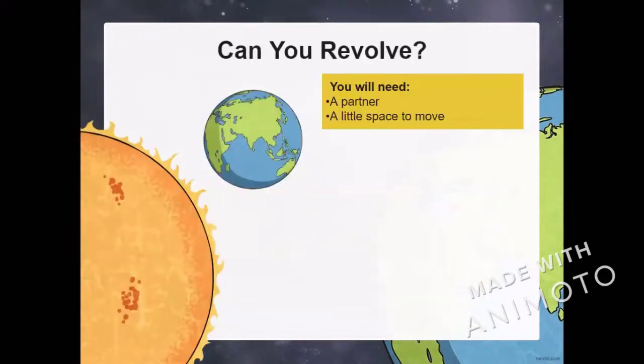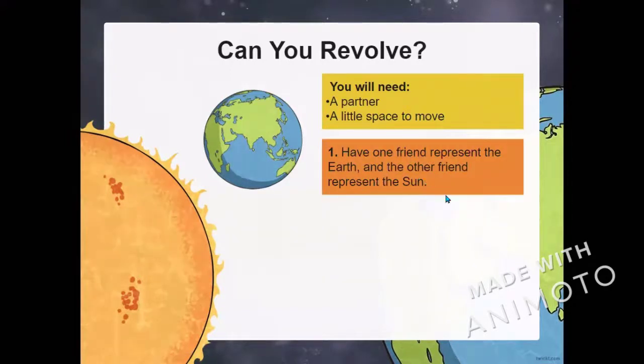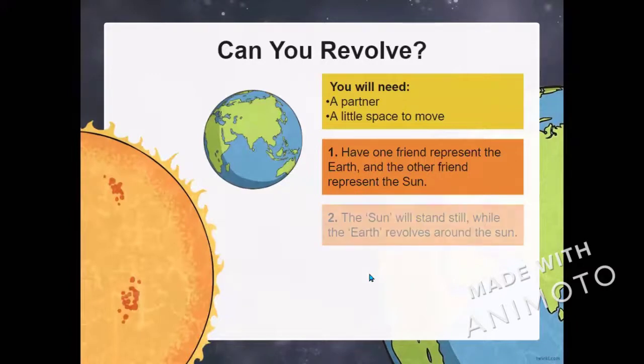Perfect. This is an experience you can have. Can you revolve? You will need a partner. It could be a family member, a friend of yours, your brother or your sister, and a little space to move. Yes? Then have one friend represent the earth and the other friend represent the sun.